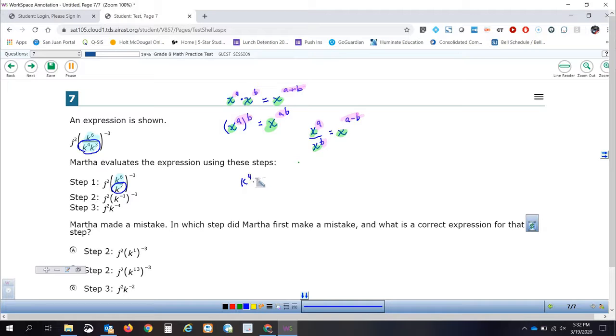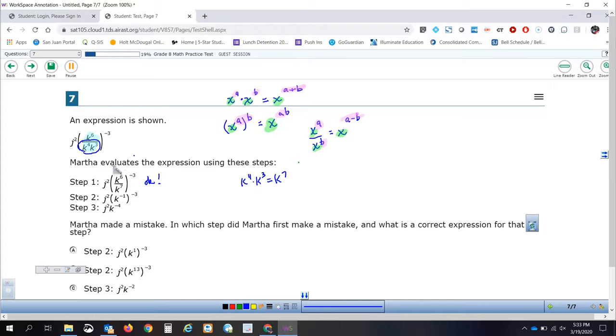Is that correct? K to the 4th times k to the 3rd is k to the 7th. Well, that is this right here. So ladies and gentlemen, that step is okay. We're good on that one.